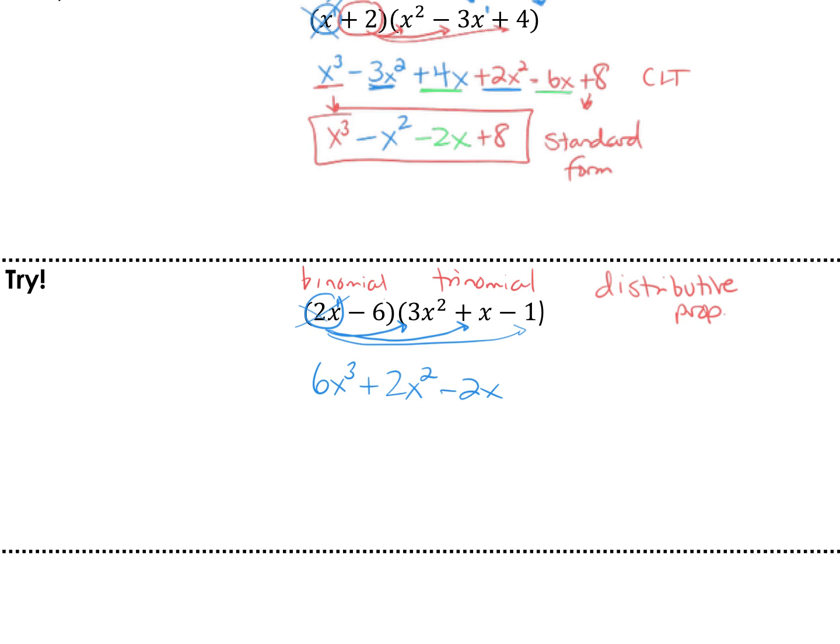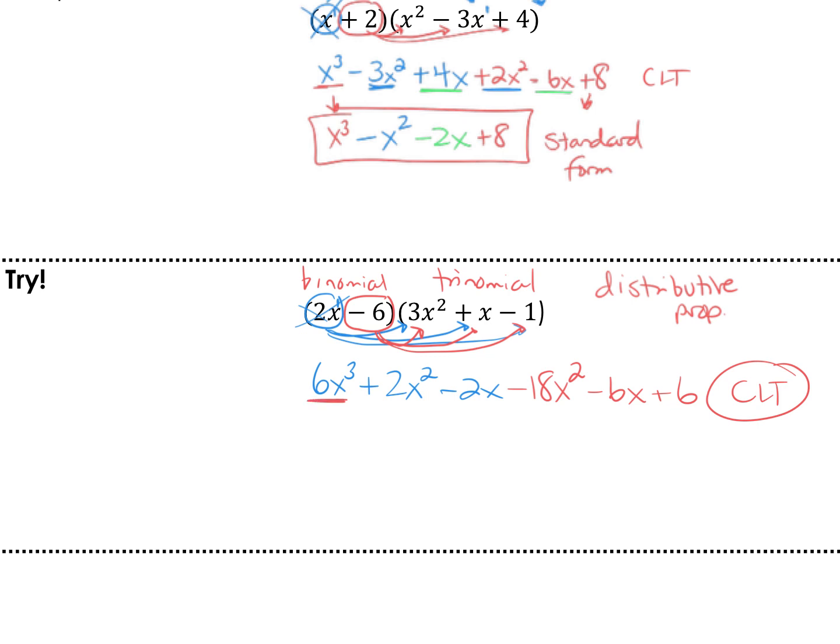Now we pick up negative 6. Watch that sign. Negative 6 times 3x squared is negative 18x squared. Negative 6 times x is negative 6x. Negative 6 times negative 1 is positive 6. Last step, since we've now distributed everything, is to combine like terms.